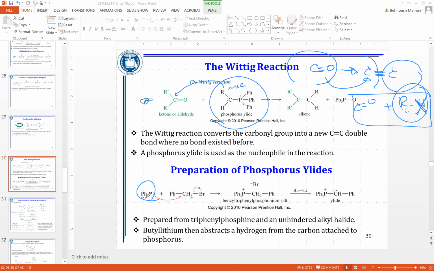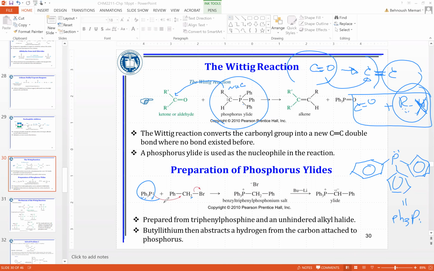triphenylphosphine. This Ph, small Ph, those are phenyl groups. So basically, if you were going to draw it, it would be 3 large phenyl groups attached to the phosphorus. Simplified, triphenylphosphine is the same thing as Ph3P.